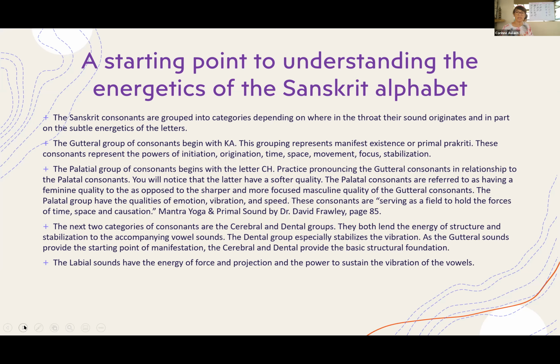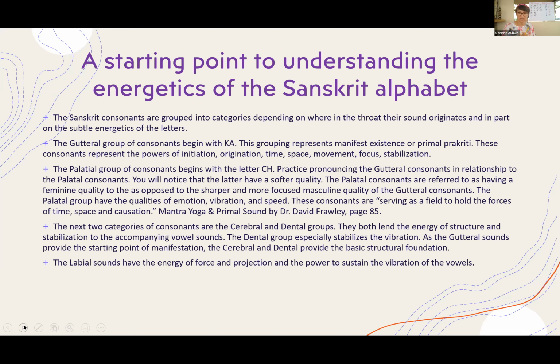They are the qualities more of emotion, vibration, and speed, and they serve to hold the forces of time and space of these vowels. They hold the forces here within the palatal consonants.